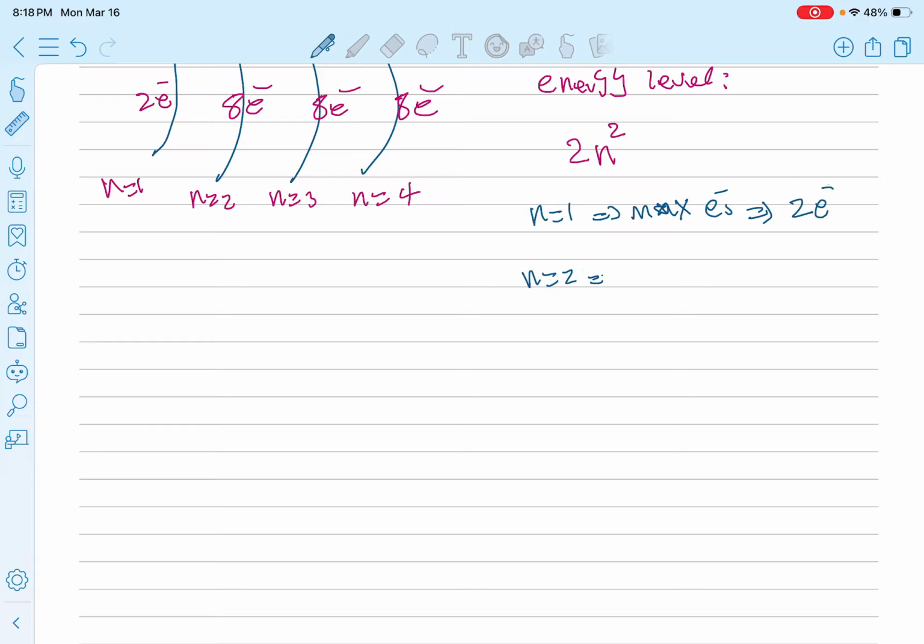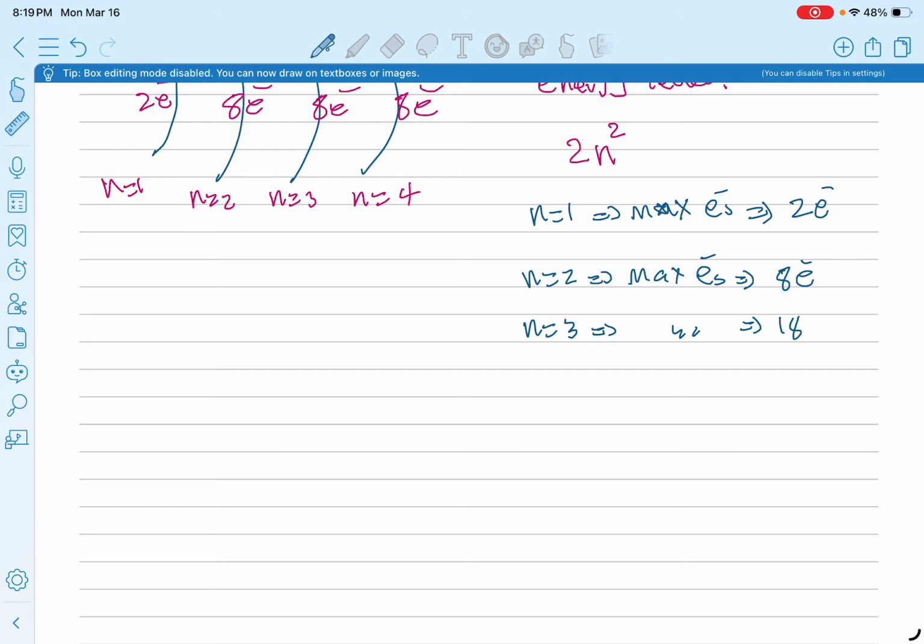N is 2, the maximum electrons is 2 times 2 squared, which is 4, times 2, 8 electrons. N is 3, the maximum electrons is 18 electrons.